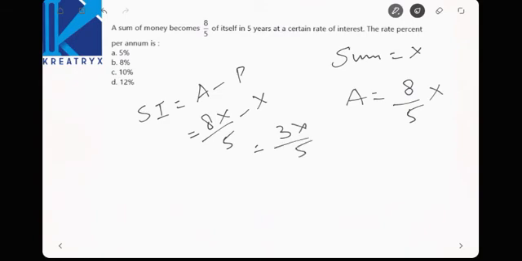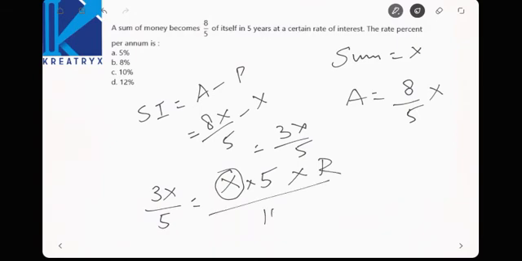Now find out the rate. Simple interest is 3X by 5. X is the principal amount, and the time period is 5 years. So X into 5 into the rate by 100.